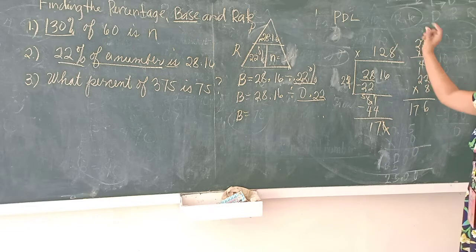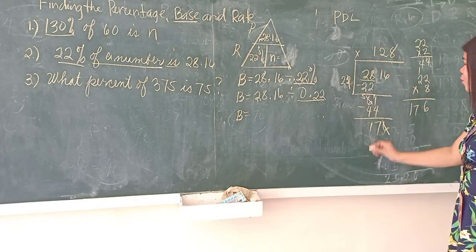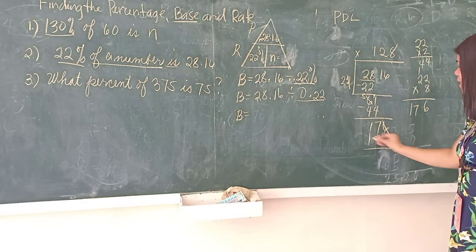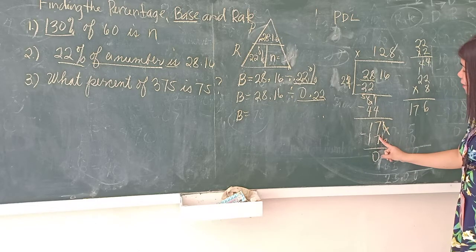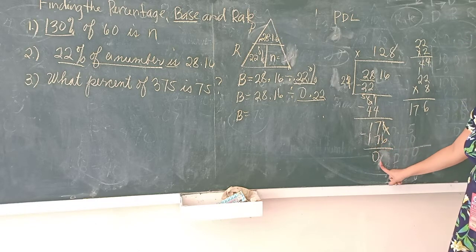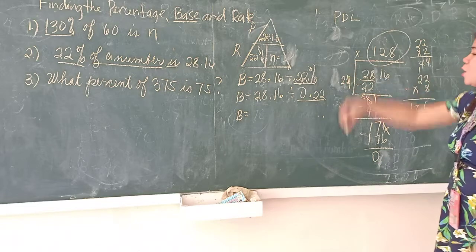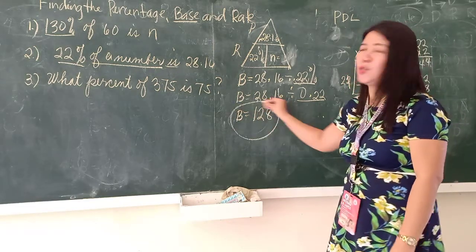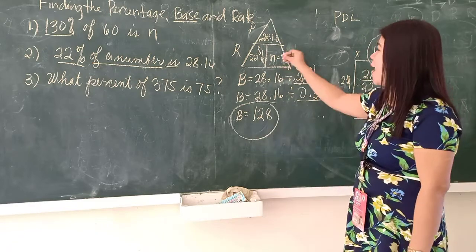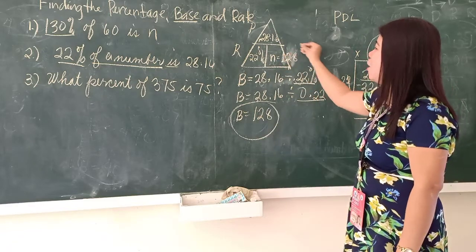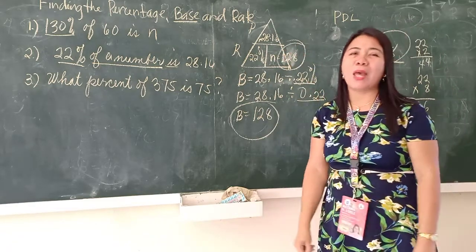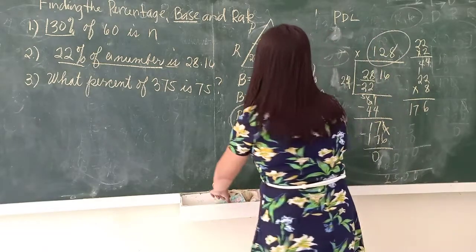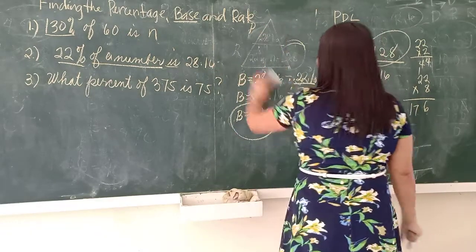So, it's 8. 8 times 22 is 176. 176 minus 176 is 0. So, our base, therefore, is 128. So, n is equals to 128. Ah, diba, kusapos?